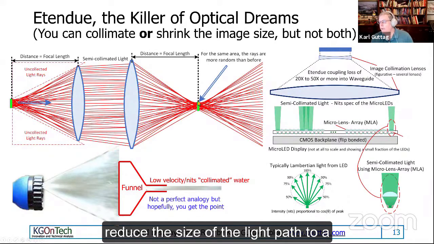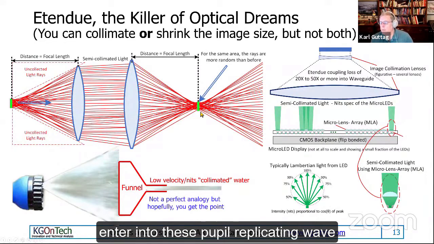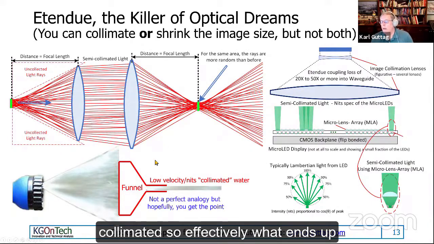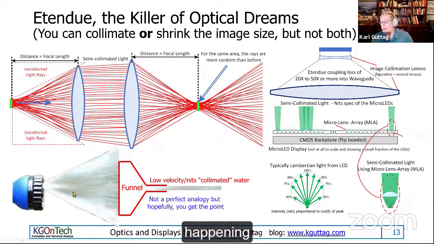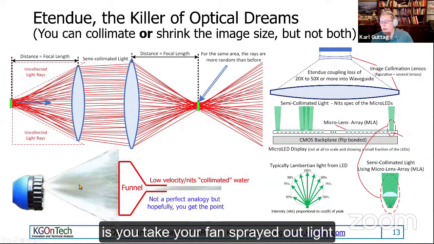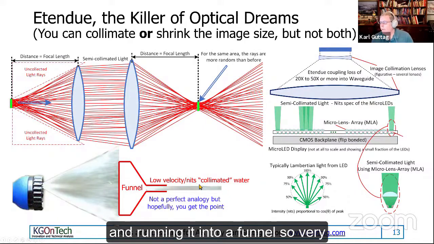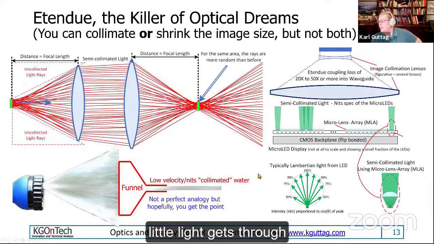If you try to reduce the size of the light path to a smaller image, and this is what we have to do when we enter into these pupil replicating waveguides, well, now all of a sudden the light's not collimated. So effectively what ends up happening is you take your fan sprayed out light that you're trying to collimate and run it into a funnel. So very little light gets through.